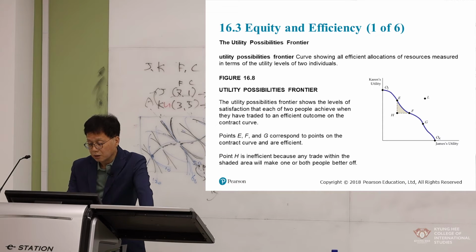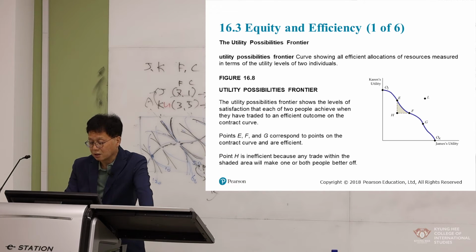Now, you are located at point H. Then in this shaded area of the EF line, right? If you move along the EF line, the utility of both James and Karen can increase simultaneously, right? So in that sense, point H is inefficient.